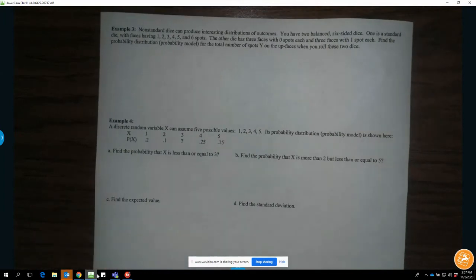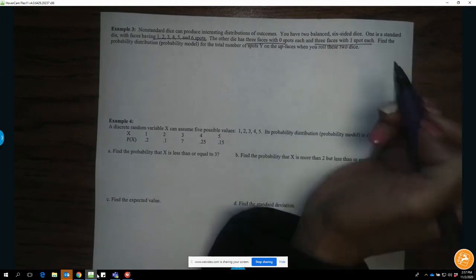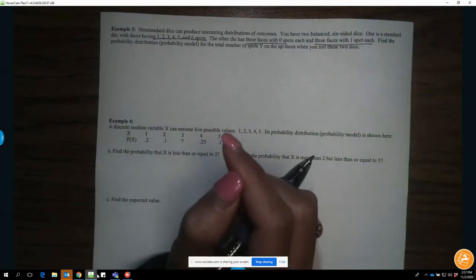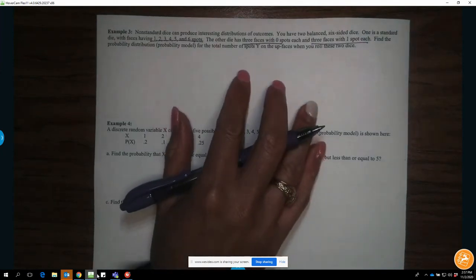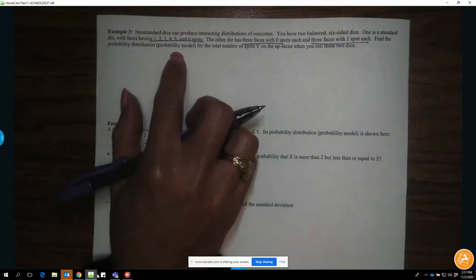Now example 3, go ahead and read the scenario. Okay, so we're making a probability distribution, or probability model.